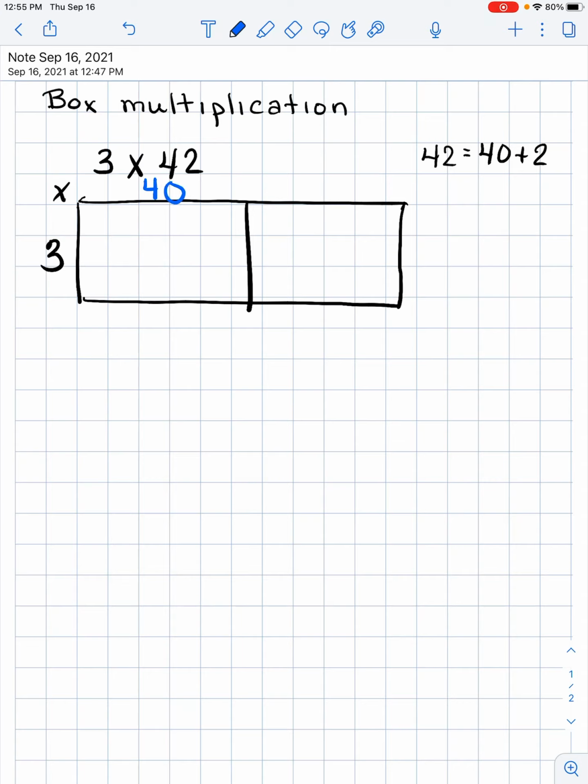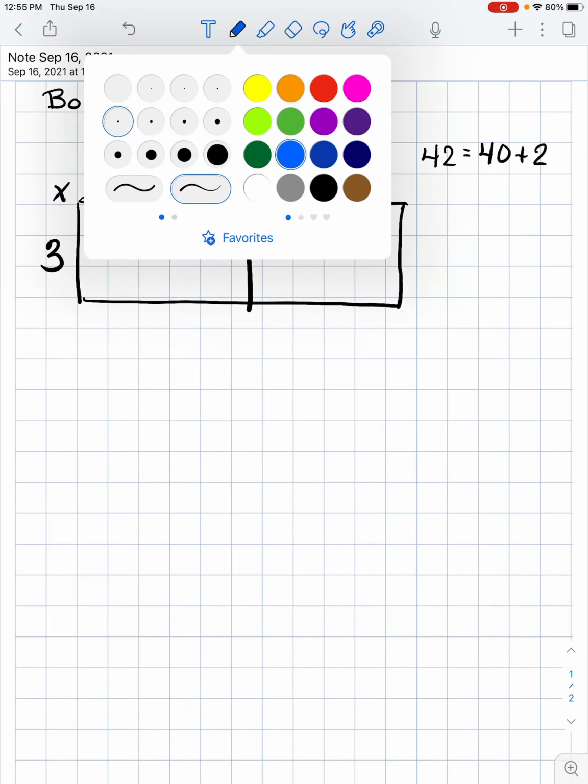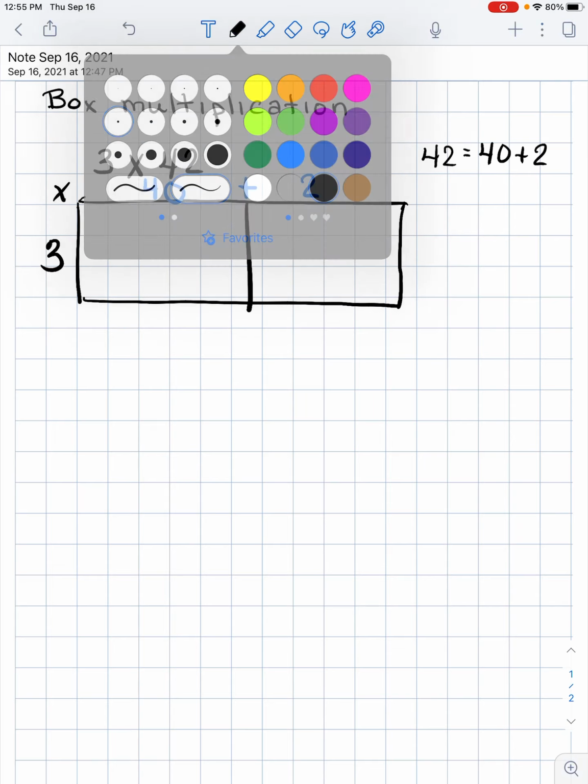So I'm going to put 40 plus 2. Because when we multiply multi-digit numbers, it's actually more than one multiplication problem, and each of the answers is going to be what we call a partial product. So let's see what that looks like.